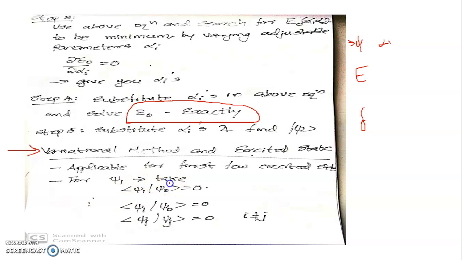You have already made a guess for the wave function representing the ground state. Then definitely the guess that you make for the first excited state will be a wave function that is orthogonal to the ground state wave function, whose exact nature you have somewhat resolved by applying the variational principle. And for the next excited state, the wave function will be orthogonal to both the wave function representing the ground state and that of the first excited state.